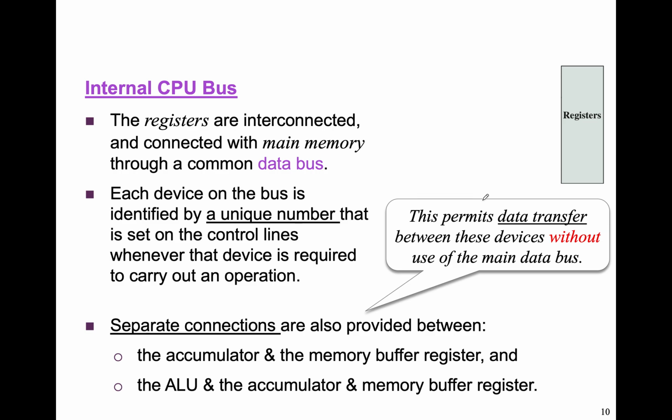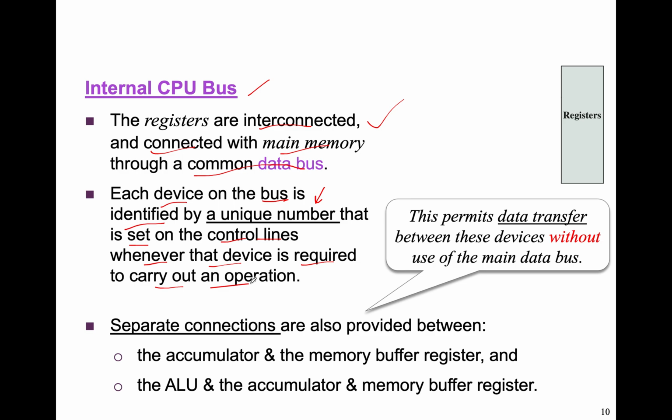So let's take a look into what is the internal CPU bus. The registers are interconnected and connected with main memory through your common data bus. This one you already know, right? Each device on the bus is identified by a unique number that is set on the control line whenever that device is required to carry out an operation.